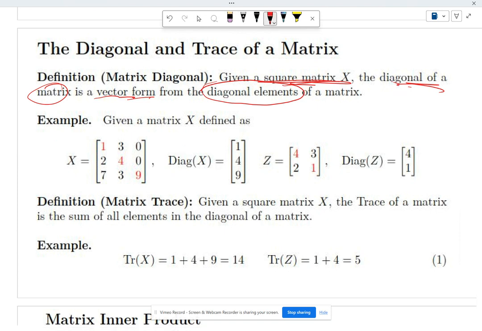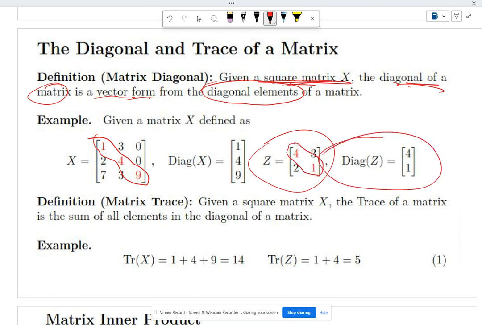What you do, you take the diagonal and make that into a vector. That is the diagonal. Notice I didn't pick this one. The diagonal is always this way. So this example here, the diagonal will be 4 and 1. See? So that's the diagonal of a matrix.